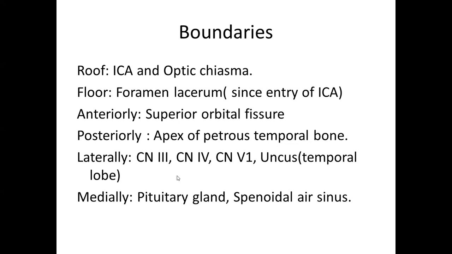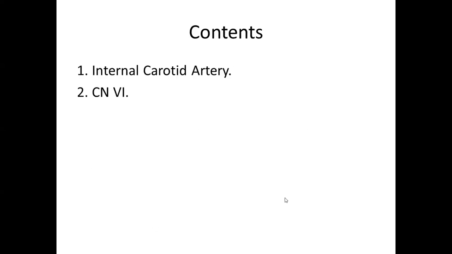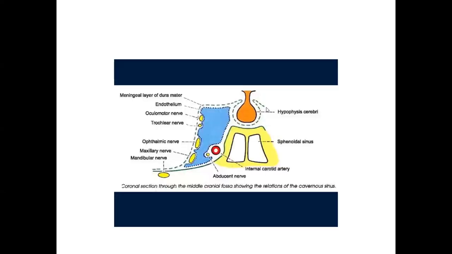Laterally by the third cranial nerve, fourth cranial nerve, ophthalmic division of trigeminal nerve, and uncus of temporal lobe. Medially by the pituitary gland and sphenoidal air cells. It contains mainly internal carotid artery and cranial nerve 6th. As I told, it is a channel situated in between the endosteal and meningeal dura mater.